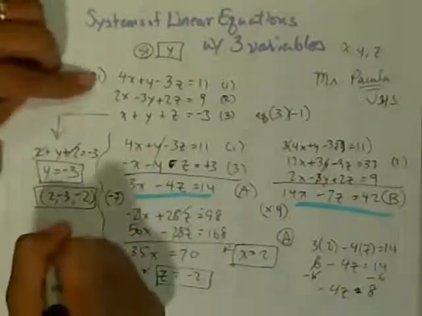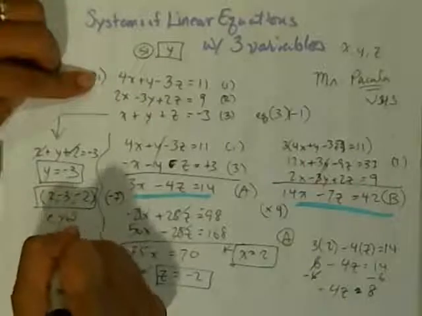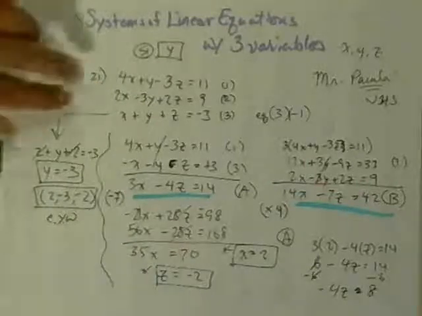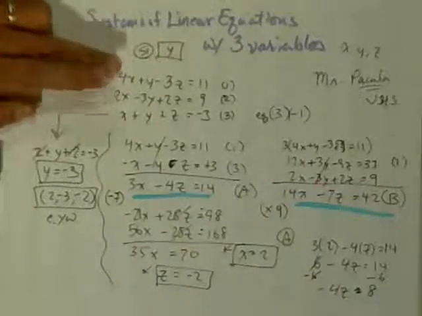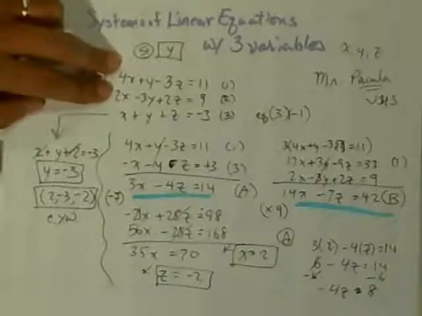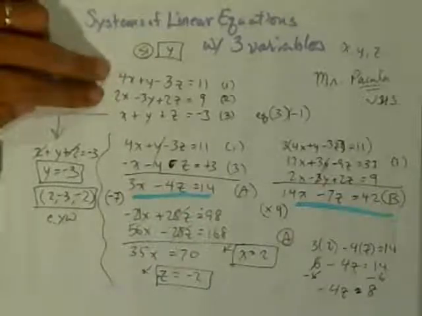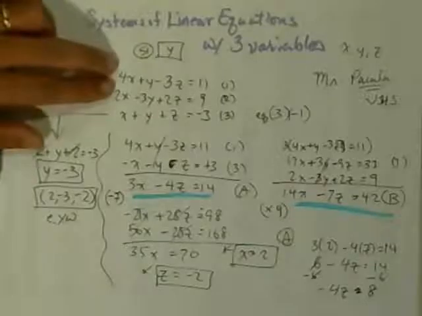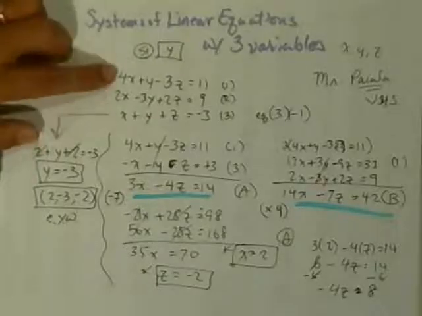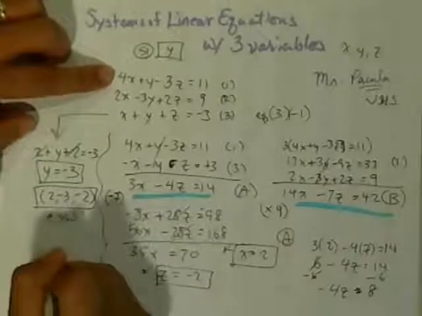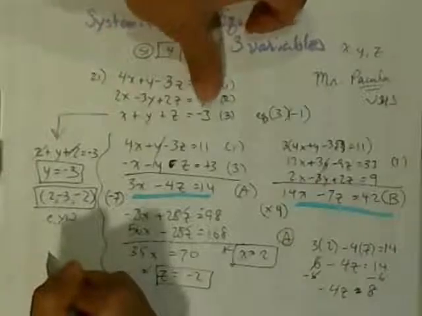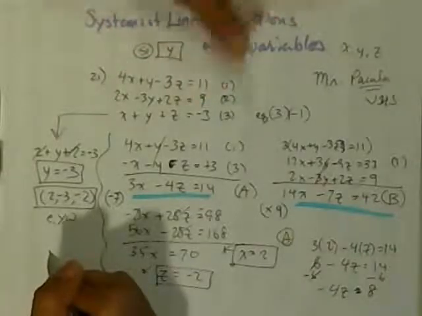We can check our work on this one by plugging into either equation 1 or equation 2. It really doesn't matter which one you choose, but it's easier to choose one of the easier ones, such as equation 1. I'm going to put my finger right on top of here so that I don't cheat myself.